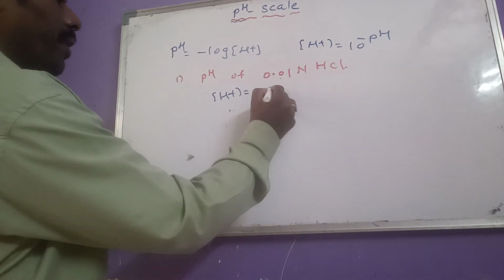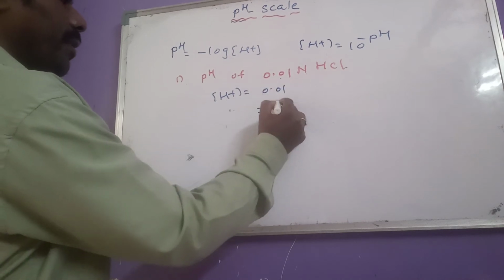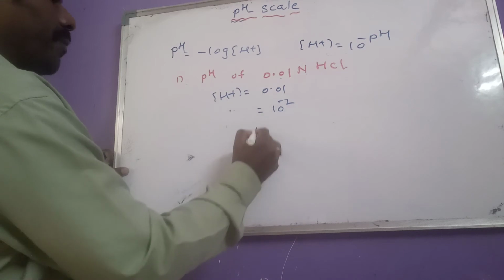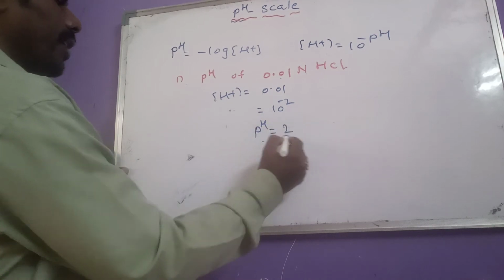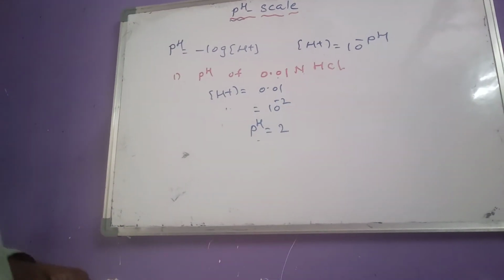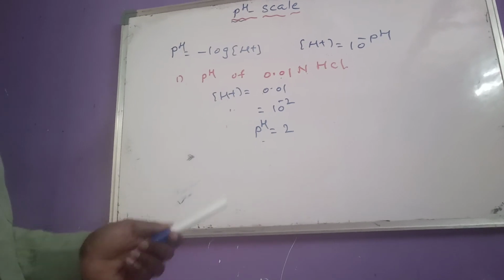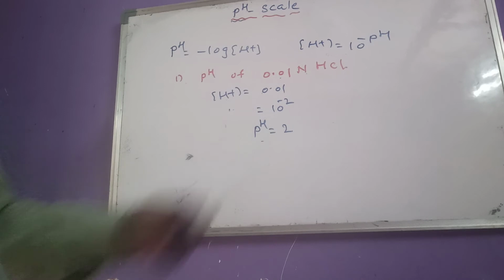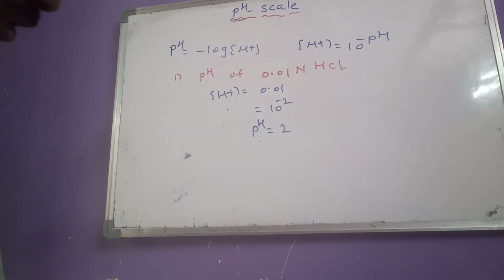So 0.01 can be written as 10 power minus 2. If H plus is 10 power minus 2, easily we can say that the pH is 2 only, because minus log of 10 power minus 2, upon calculation, we get the answer 2 only.